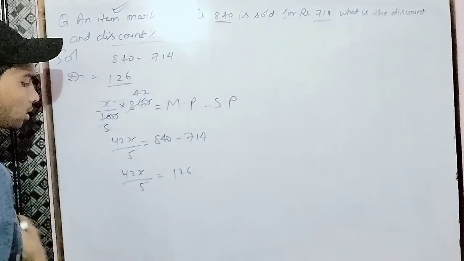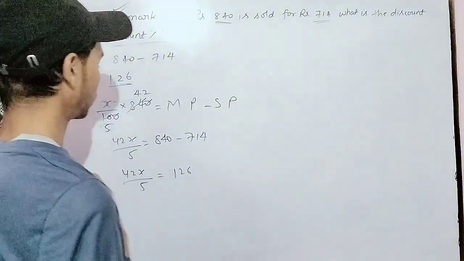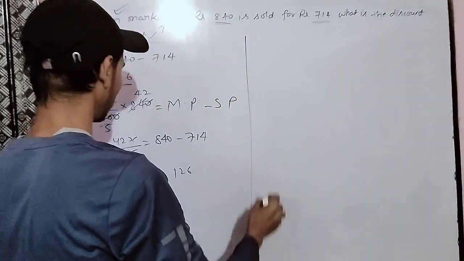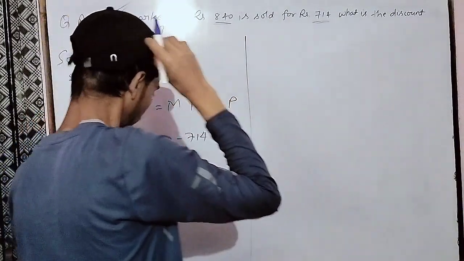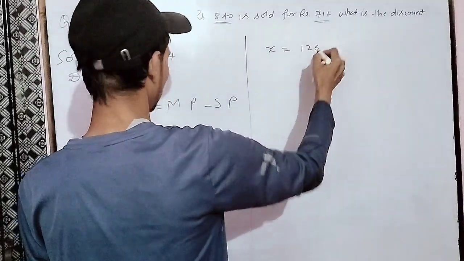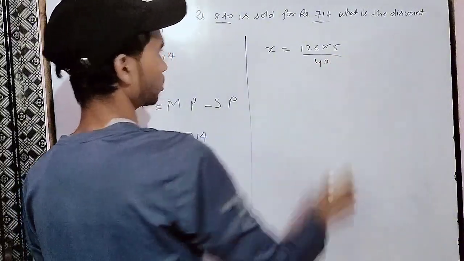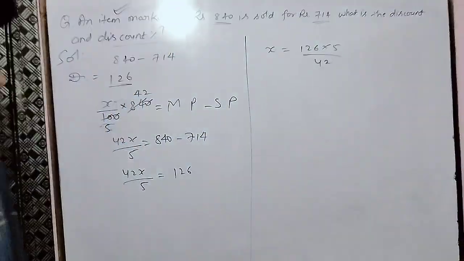Okay. Again, what else? Here, x is 126 multiplied by 5 upon 42.